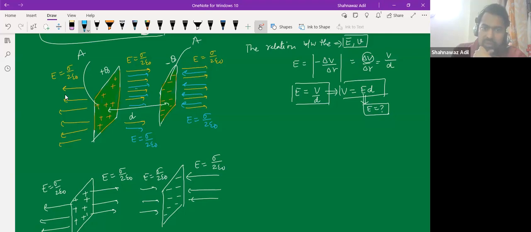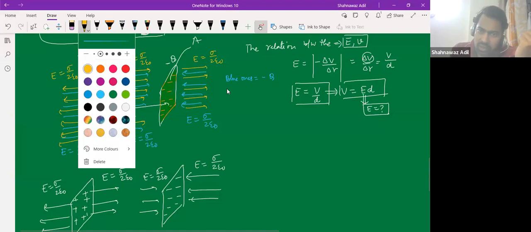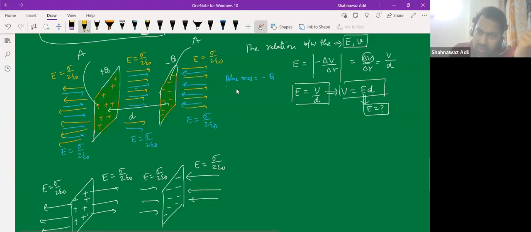Towards Q. Yes, sir. So this would be sigma by 2 epsilon. So the blue ones are for minus Q, and these yellow ones are for plus Q.